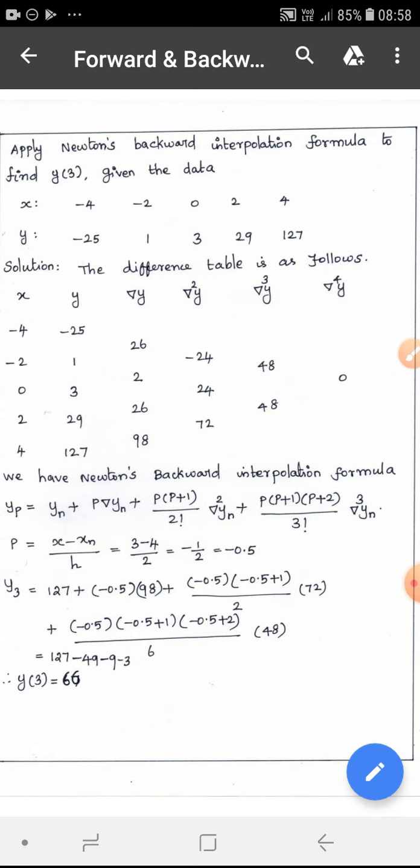So in the table we have the values up to fourth order backward difference, but in the formula you need not consider the term containing fourth order backward difference, since the value of the fourth order backward difference is 0. In the formula you can consider up to the term containing third order backward difference.